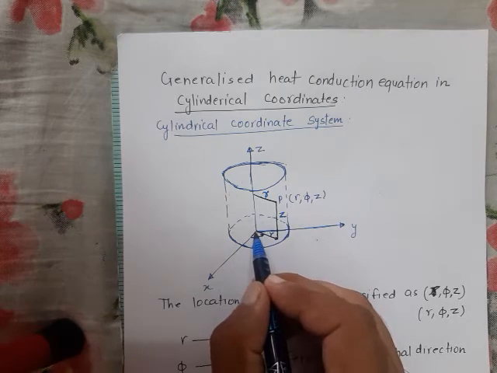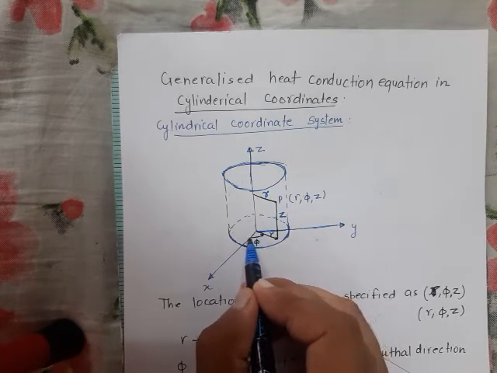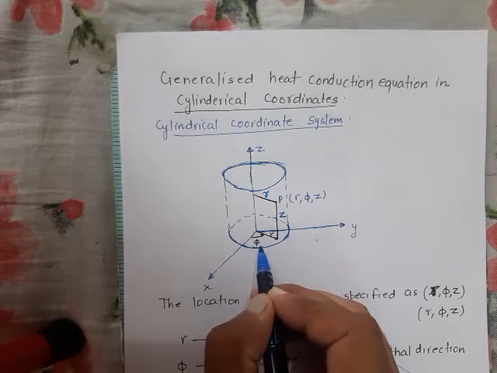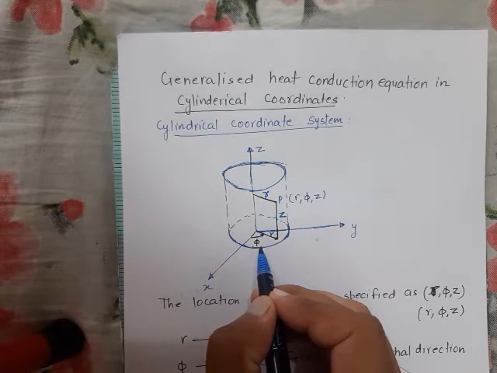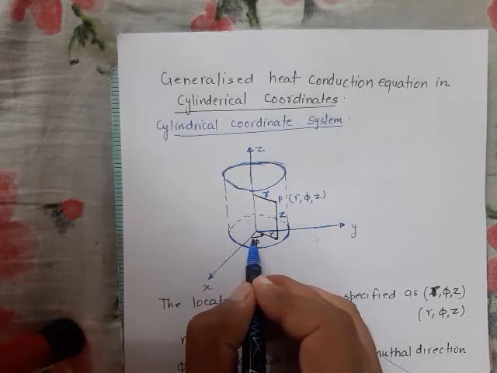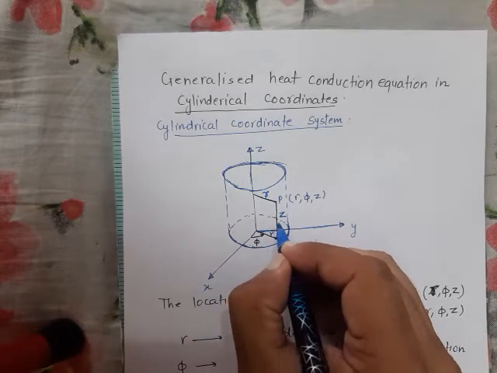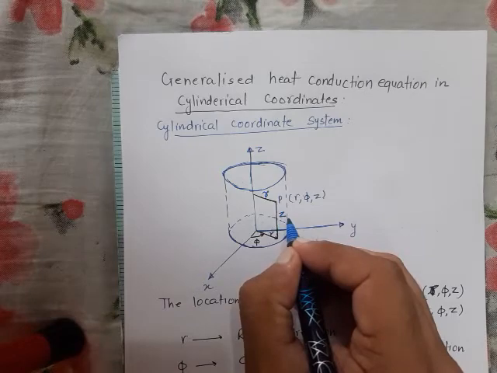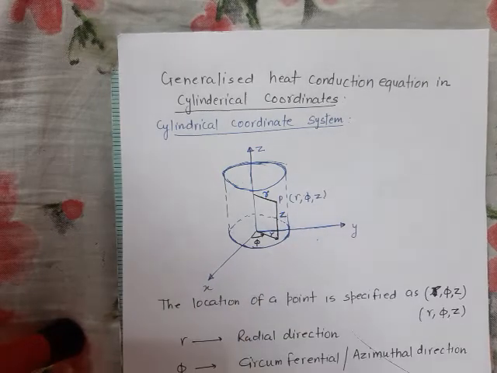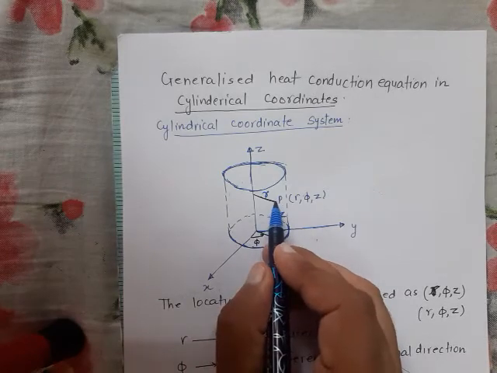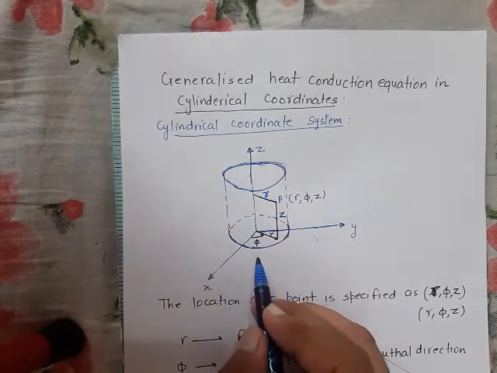Now you need to specify this angle in the base, from the x-axis. The angle in the base is phi, and this phi angle is known as the azimuthal angle, or azimuth angle simply. So you need to specify this phi, this radial distance r, and also the height from the base, which is z. Please note, three quantities are required to specify the location of point P. First, its radial distance from the longitudinal axis.